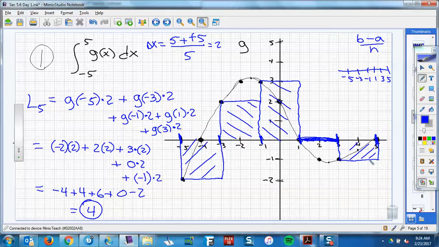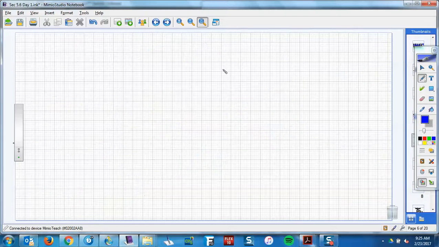Okay, so your homework is going to be, that was all of number 1. That was a picture, and then L5 is what it asked for, okay? That was on page 354. So this is section 5.6, starts on page 354, and so I don't know if this is what the assignment sheet says. I'm kind of switched around the assignment sheet a little bit.